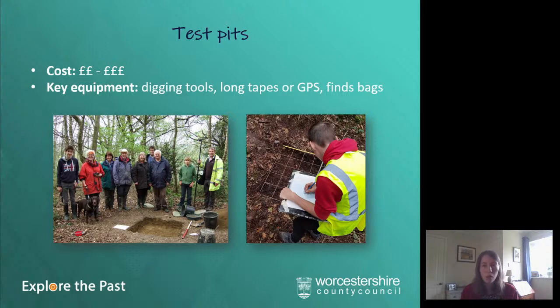One test pit in itself doesn't tell you an enormous amount, but if you start to have 10, 20, 30 across the settlement, that starts to build up a mosaic picture of what was going on over time. You can start to see if a settlement shifted or contracted and changed over time.